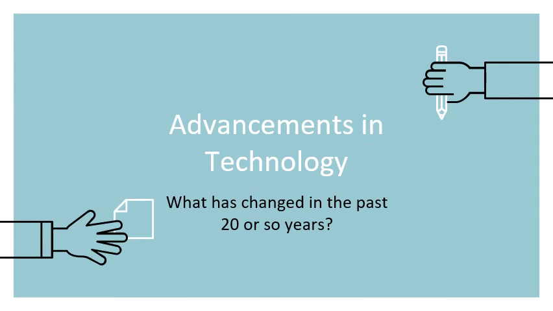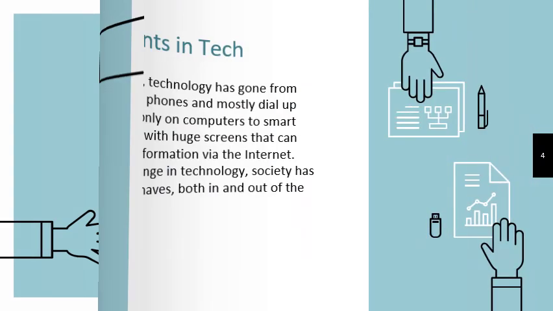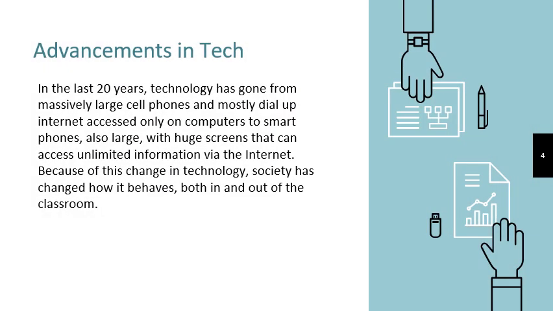As mentioned, we will begin by discussing what has changed in the past 20 years or so that has affected what we do on a daily basis in and out of our classrooms. So 20 years ago, back in 1999, now 1998, or around 20 years ago, broadband internet was just beginning to gain traction as a replacement for good old slow dial-up internet.